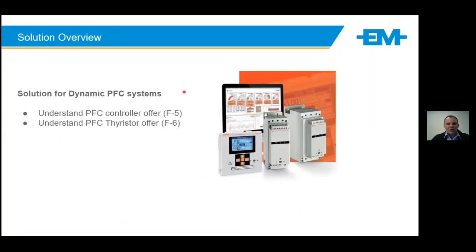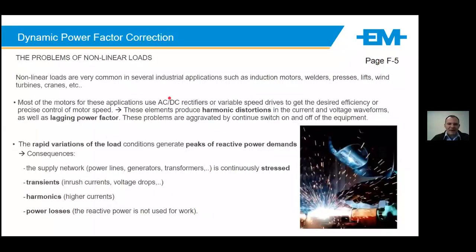So more and more, we get the requirement to make or build either just the rack or a complete system of fast switching solutions. For this, we would make use of the Lovato thyristor, which we'll talk about now. So the problems of non-linear loads are more and more common. What are these? You can imagine welders, presses, lifts, cranes.